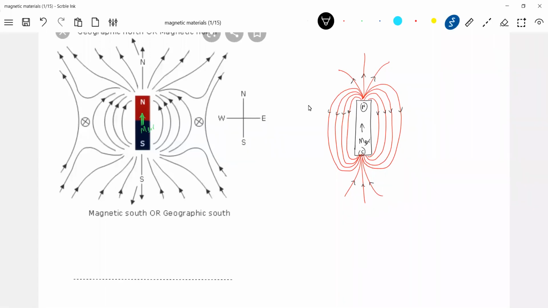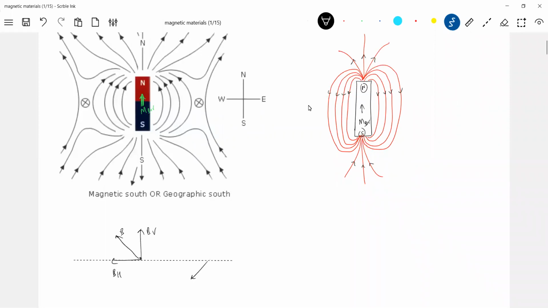At a point, it will have two components: B bar, B vertical, and B horizontal. At some other point, it may be in this direction. But altogether, the BH is what I'll consider.